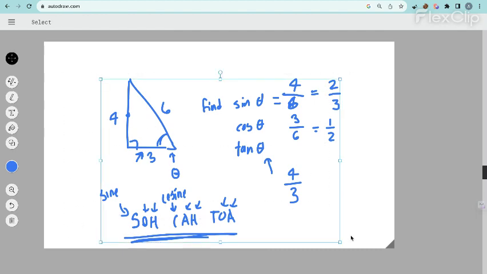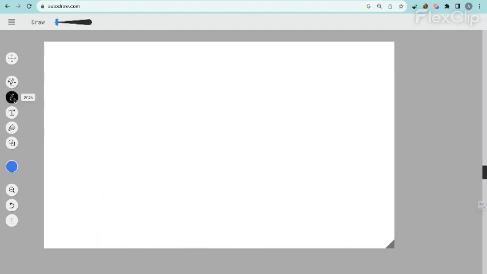One other thing I want you to keep in mind about sine, cosine, and tangent is that there are a couple of properties. The first property is that if you are given a sine value and a cosine value, and let's say the sine value here is something like 36. That's the reference angle, that's theta.